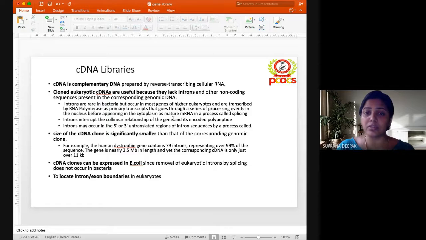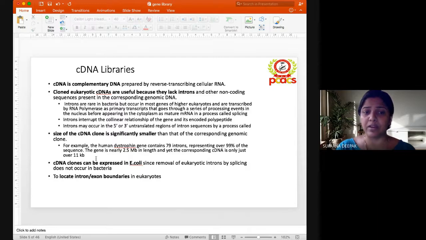This process is called splicing. Introns interrupt the relationship between the gene and its encoded polypeptide. There are also 5 prime and 3 prime untranslated regions that are removed by the splicing process. So the size of the cDNA clone is significantly smaller compared to genomic DNA because unwanted parts are removed.